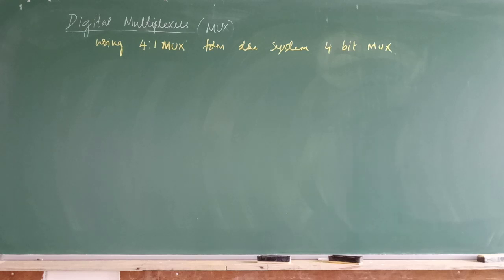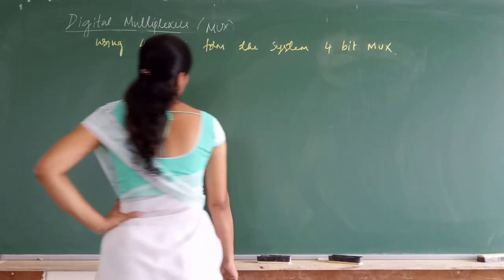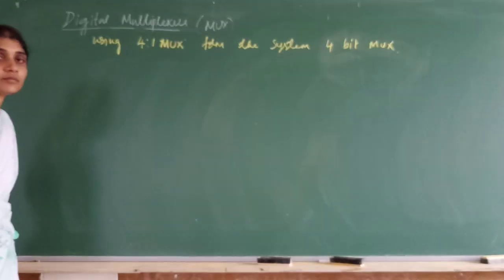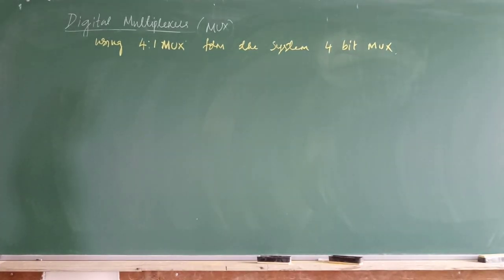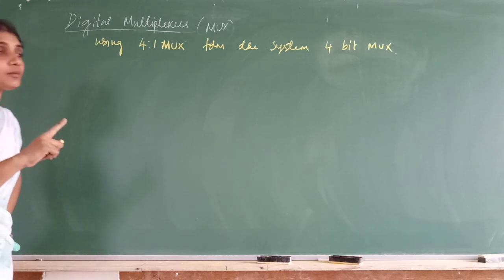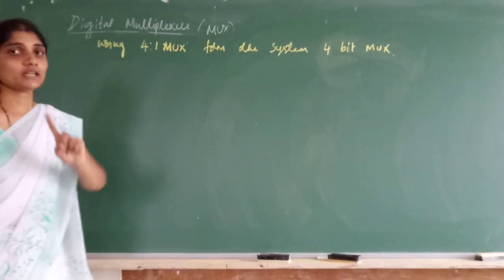The question is, using 4:1 mux, form a system with 4-bit data transmission, a 4-bit destination. That means using a mux, how many outputs will we have? 1, right? A mux will have 1 output. So it selects 1 out of n inputs. That means at the output we get 1 bit.